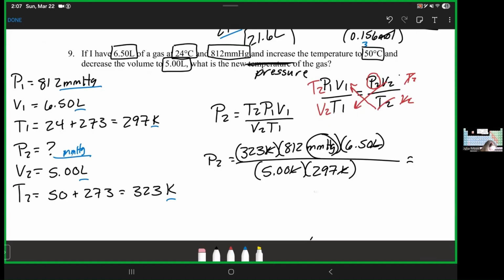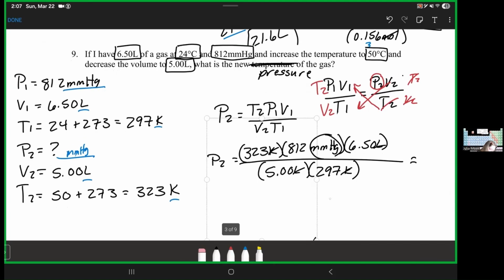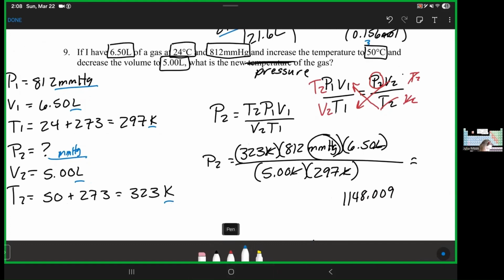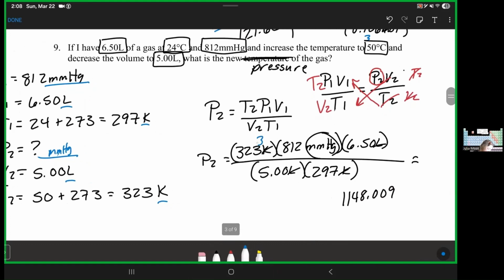Okay, so I get 1148.009, and I've got three sig figs, 3, 3, 3, 3. So we're going to go with 3 in our answer. The 8 is going to round the 4 up.